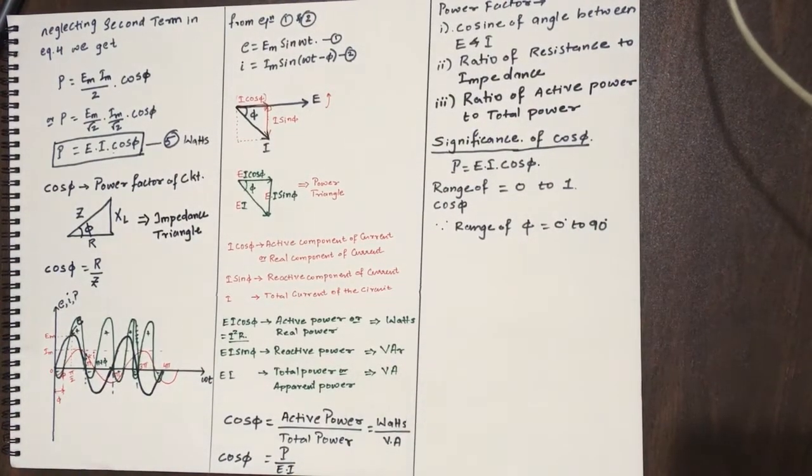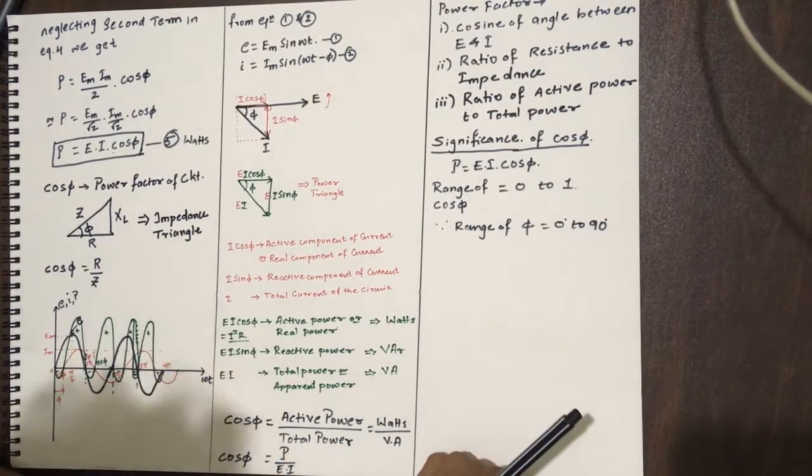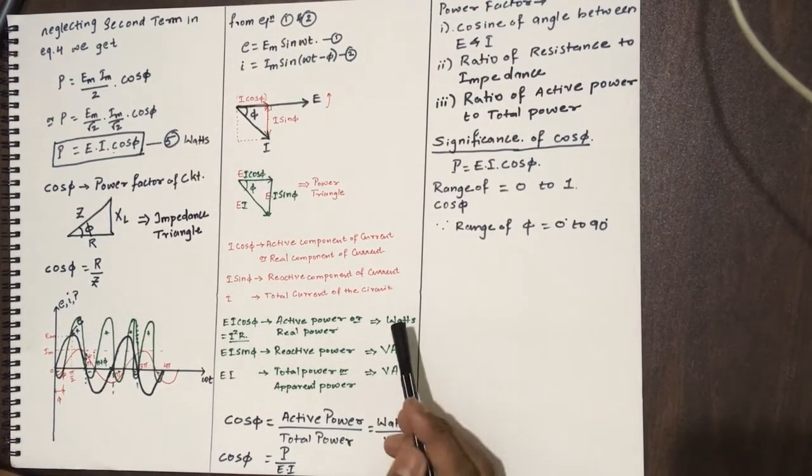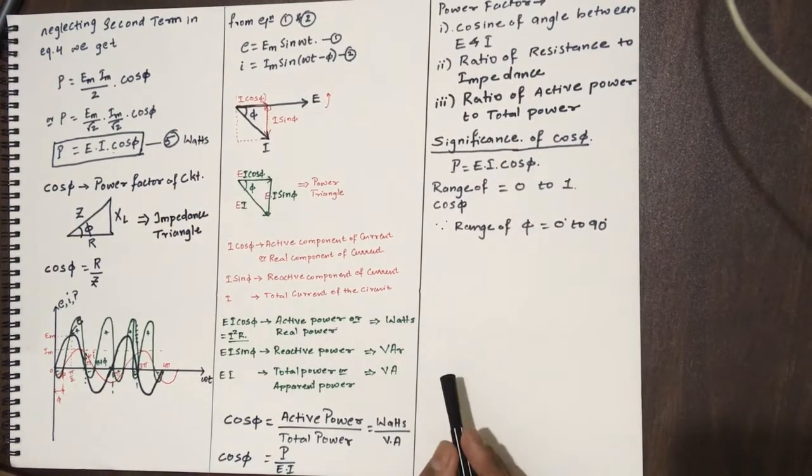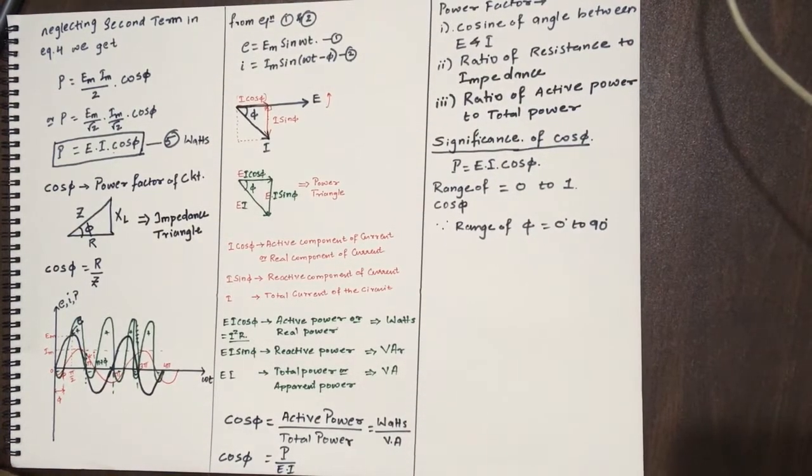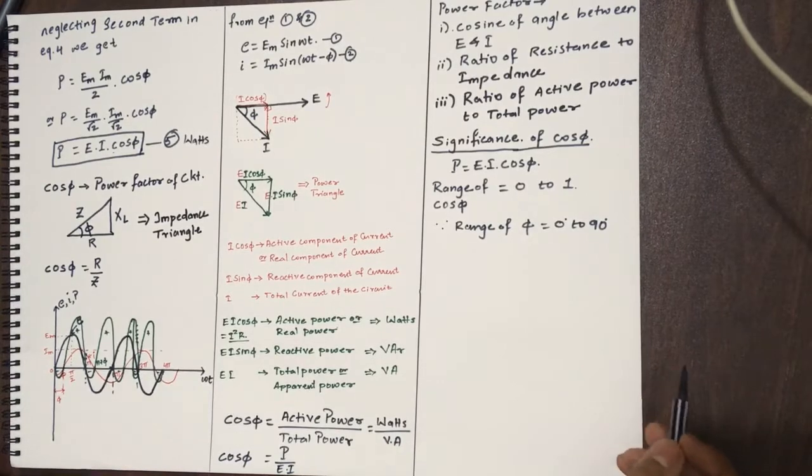If the circuit is pure resistive, phi is 0. If the circuit is pure reactive, phi is 90. Therefore, if the circuit is pure resistive, cos phi is cos of 0, that is 1. And if circuit is pure reactive, then cos phi is cos of 90 is equal to 0.